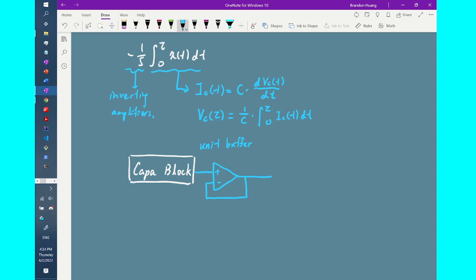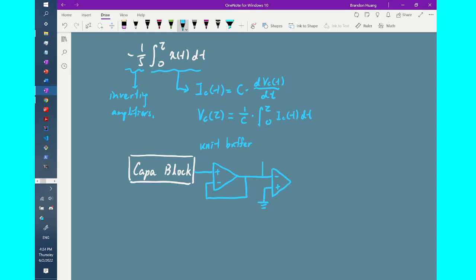So to use an inverting setup, the input voltage has to be connected to the negative terminal. Since we don't have a reference for a virtual ground here, our positive node can just be 0.